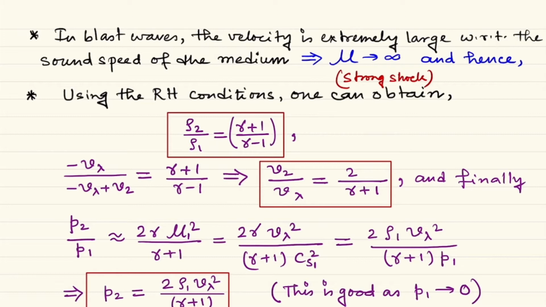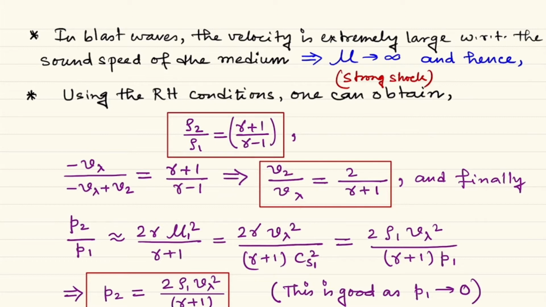And just by the continuity equation, you know that rho 2 v2 is equal to rho 1 v1. So rho 2 by rho 1 will be v1 by v2. Now writing the new expressions for v1 and v2, we can write minus v lambda by v lambda plus v2 is equal to gamma plus 1 by gamma minus 1. If you do the simplification, you will see v2 by v lambda.